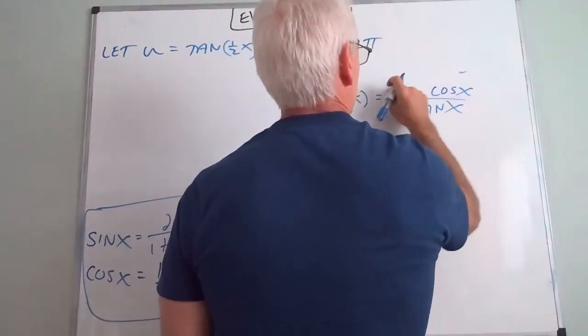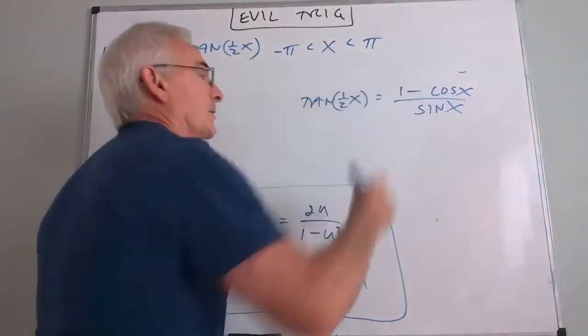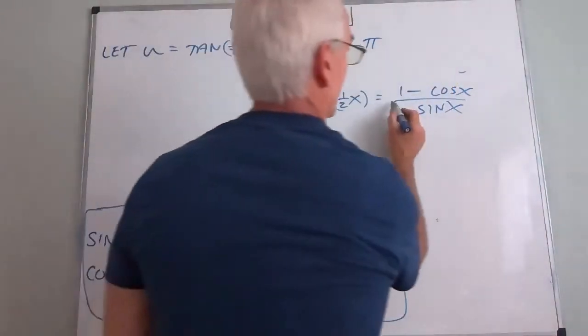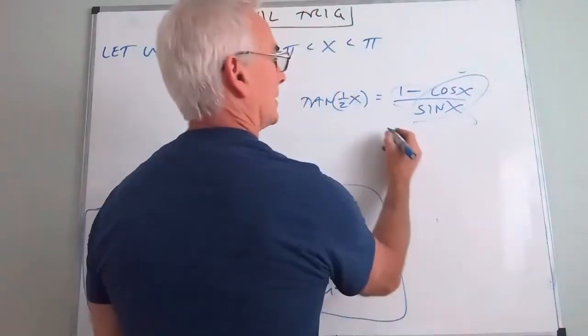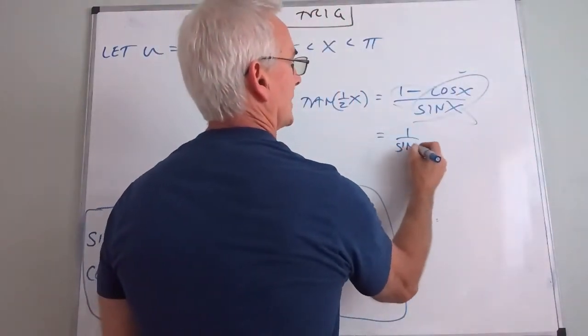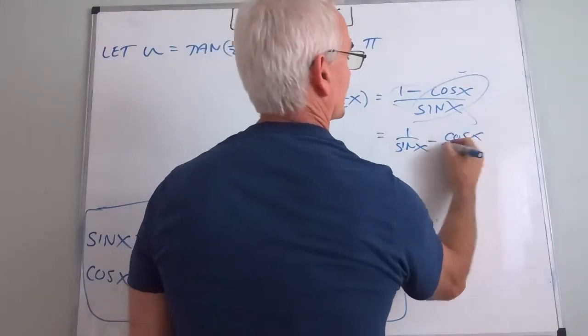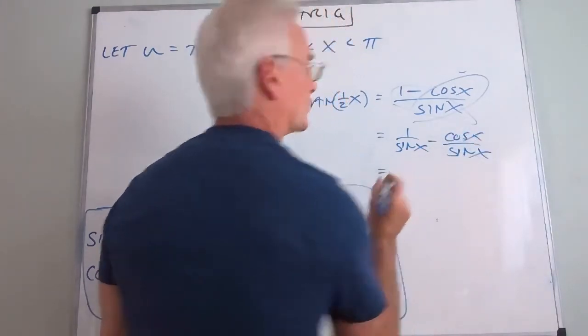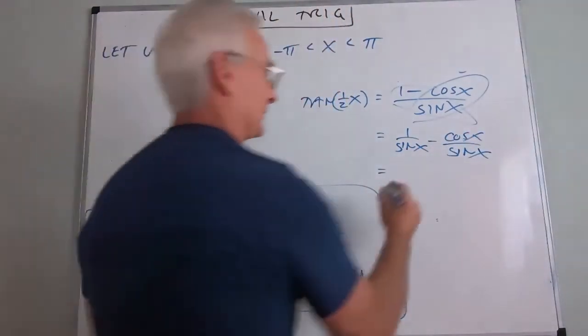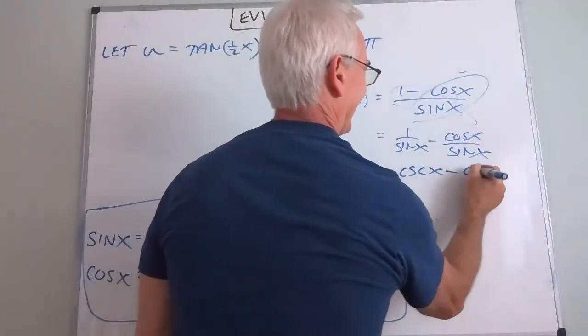This is an identity. Now I can manipulate that all day. Why would I do that? Let's just break it up: 1 over sine x minus cos x over sine x. And you get your 2 favorite trig functions, don't you? Cosecant minus cotangent.